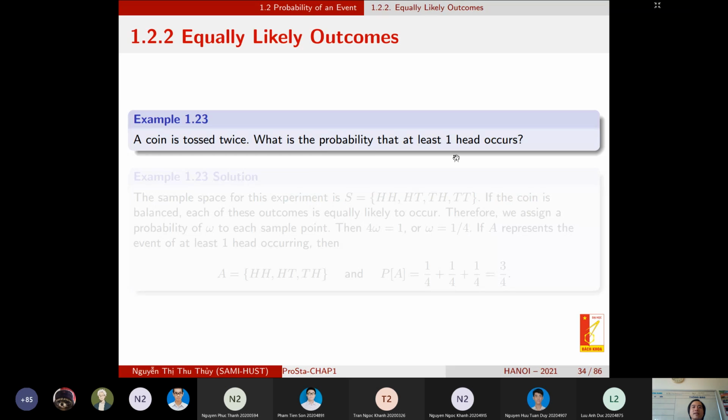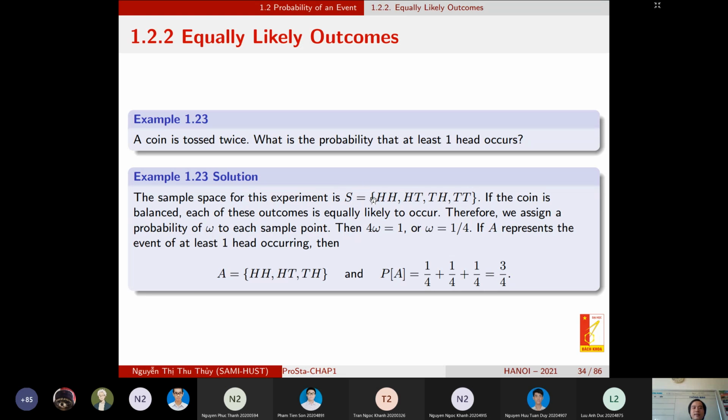For example, if we toss a coin twice, what is the probability of the event that at least one head occurs? Let us list the outcomes of the sample space. We toss the coin twice, so we have 4 outcomes. If the coin is balanced, or fair, then each outcome, head or tail, is equally likely to occur. That means the probability of getting head or tail is equal to 1/2 for each coin.